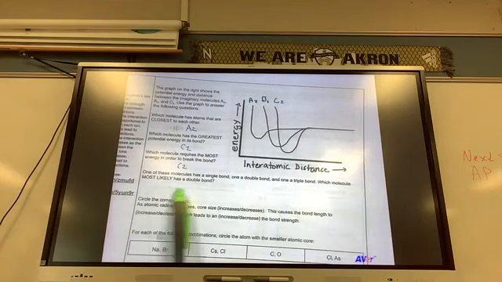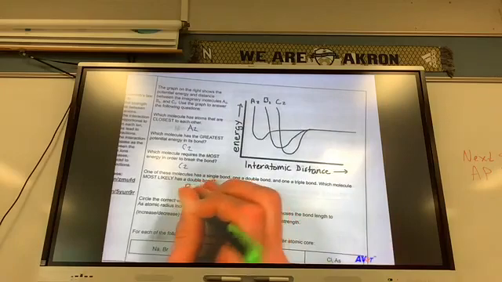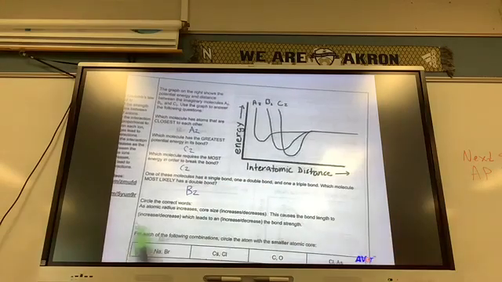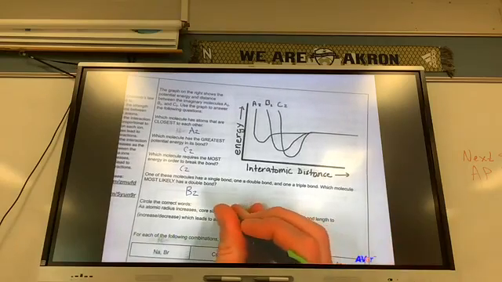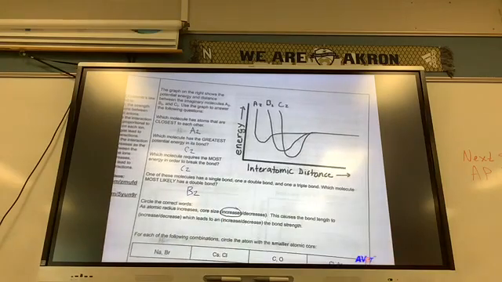One of these molecules has a single bond, one has a double bond, one's a triple bond. Which molecule is most likely the double bond? It's the middle, B2. Circle the correct words. As atomic radius increases, core size increases. Core size is the size of the nucleus.